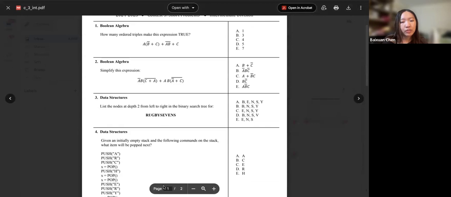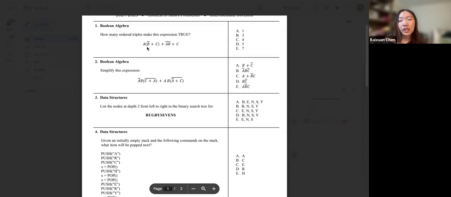Okay, so first for Boolean algebra, how many ordered triplets make this expression true? Again, for these types of problems, the best thing to do is to simplify the problem as much as possible so that you can make as few mistakes as possible.